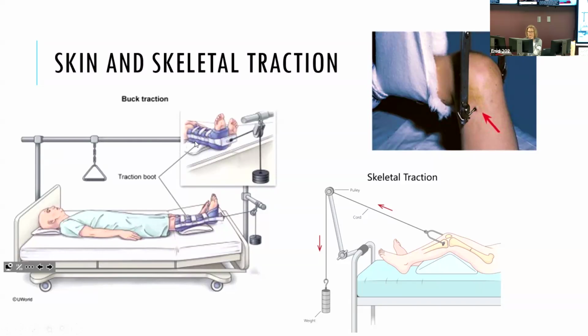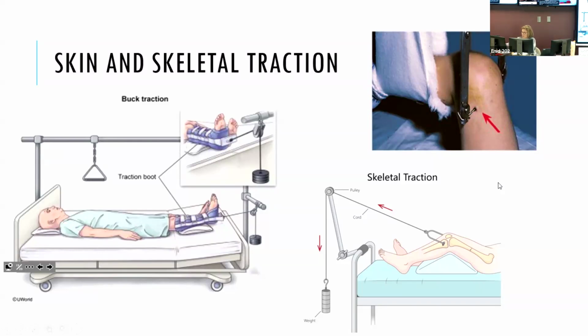Then you can see where it goes over the lever, and then you can see the weight. They can change the amount of weight depending on the size of the person, and how much traction they want, how much pressure they want put on to relieve the muscle spasms or help with reduction.